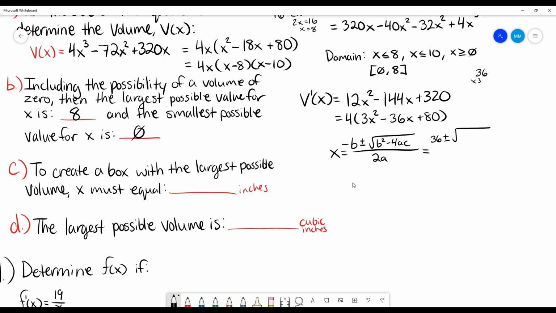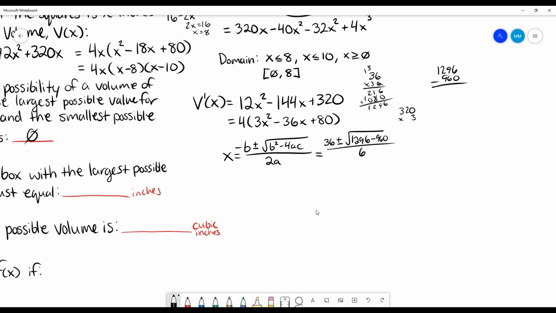Oh, that's going to be ugly, isn't it? Okay, so it's that minus 4 times a times c, so it's going to be 320 times 3, because 4 times 80 is 320, times 3 is going to be 960, all over 2 times a, so all over 6.